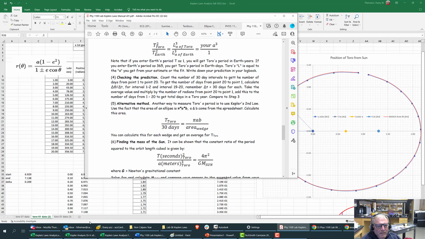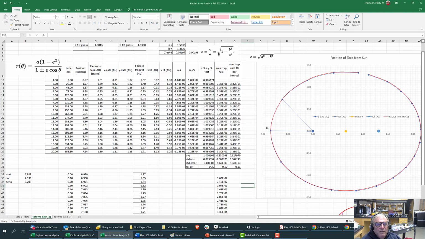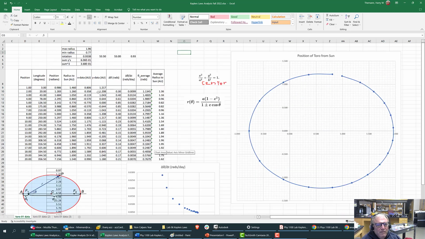And don't forget, we have that in the first one here. We constructed that already. Delta theta, here we go. We get 0.099, and for the last one, we got 0.007.